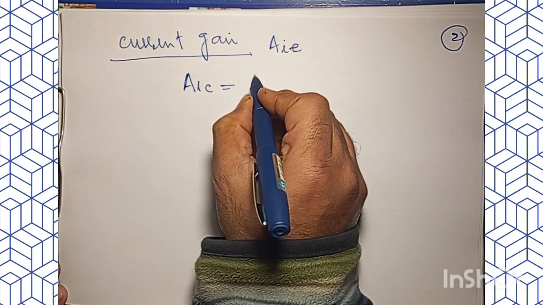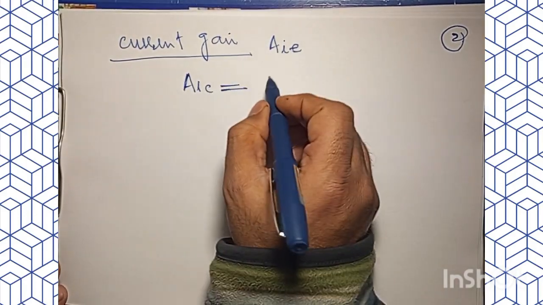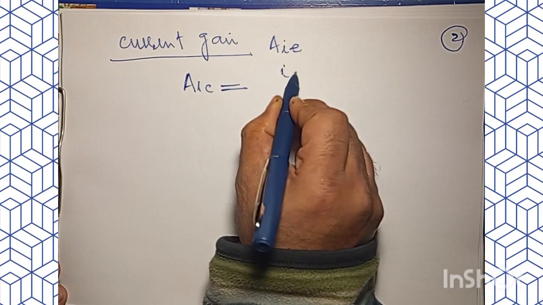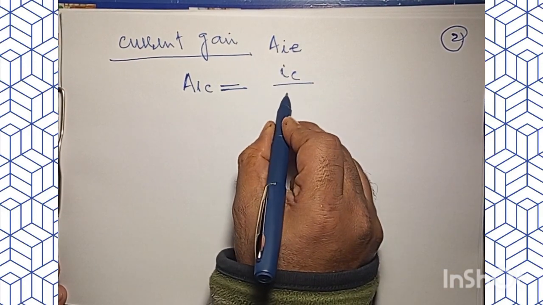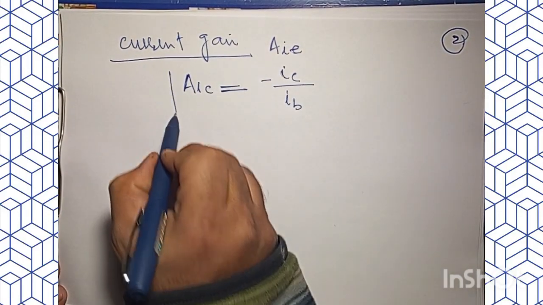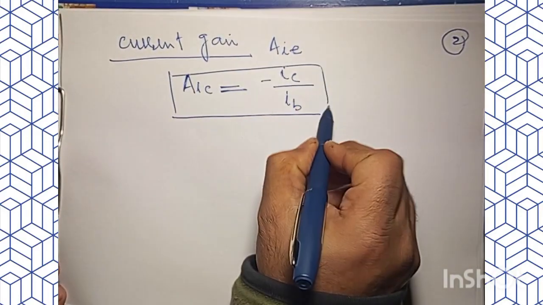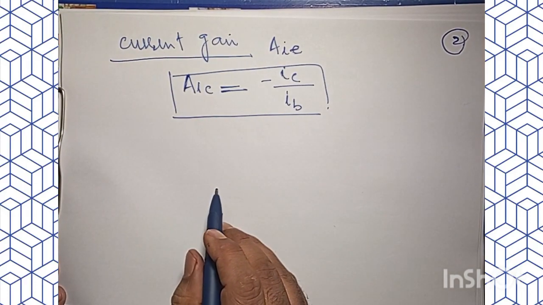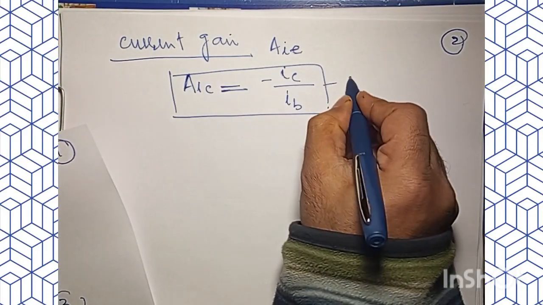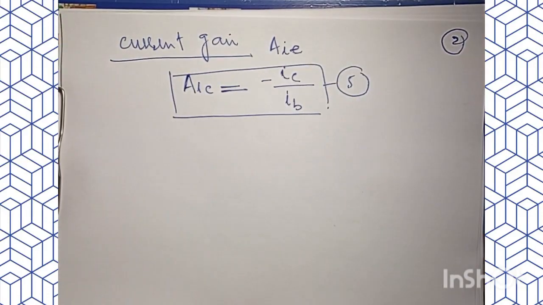The output current is IC and the input current is IB. If you use the convention, it will be minus IC by IB. I have equations 1, 2, 3, 4, and this I will call equation 5.